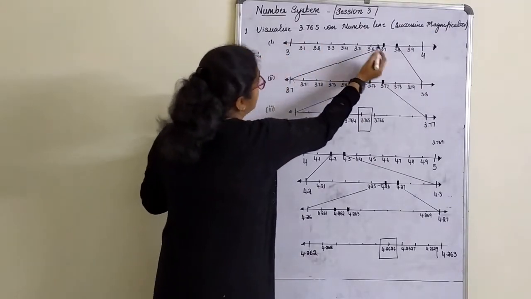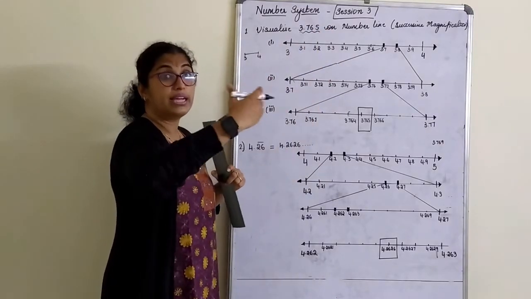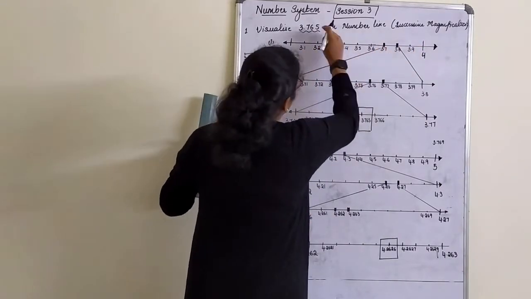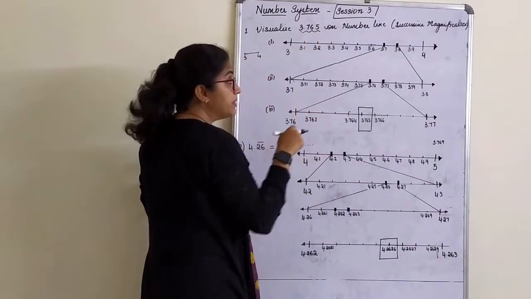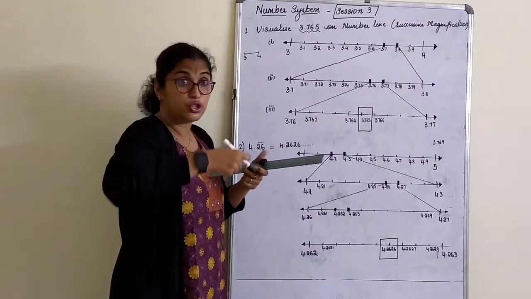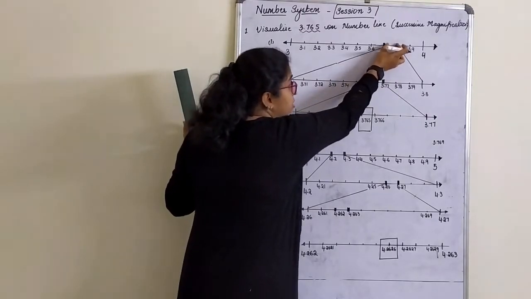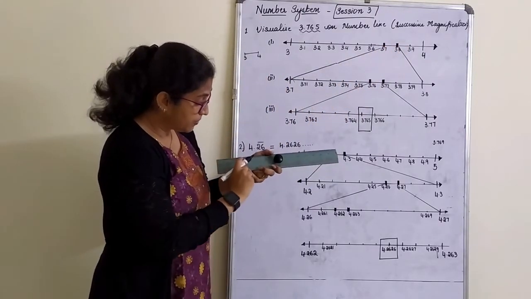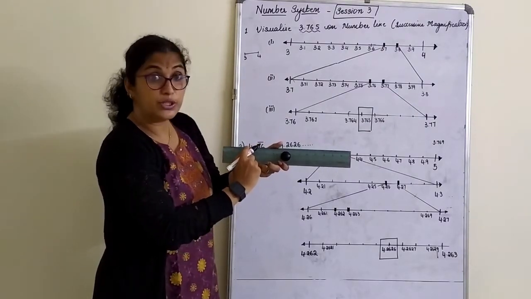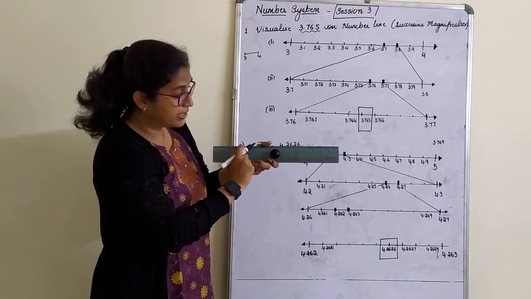Next, what we have to do now is, we want exactly 3.765. At once you will not get it. We get it by subdividing again and again. So between 3 and 4, 3.765 will lie between 3.7 and 3.8. Right? In those subdivisions. Now my next step is to find the subdivisions between these two. Now see, this is 3, after 3 I have 3.1, so somewhere I have 3.7, after 3.5 I get 3.6, 3.7.